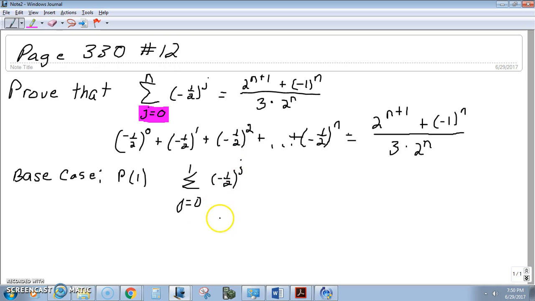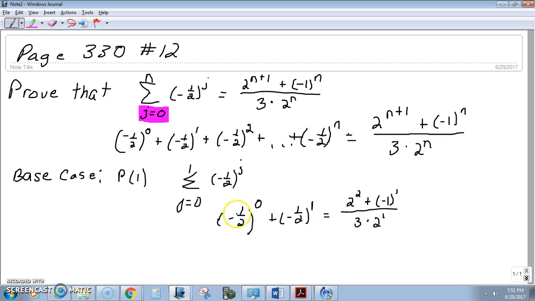So that's going to be negative 1/2 to the 0 power, plus negative 1/2 to the first power. If I'm doing P of 1, it should be equal to 2 to the 1 plus 1, which is 2, plus negative 1 to the first power, all over 3 times 2 to the first power.